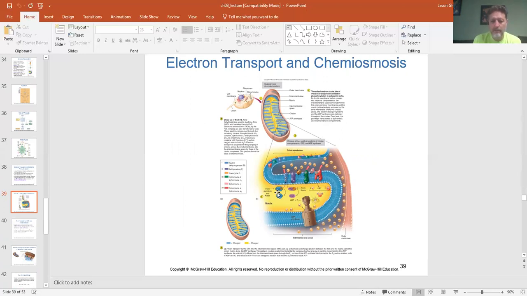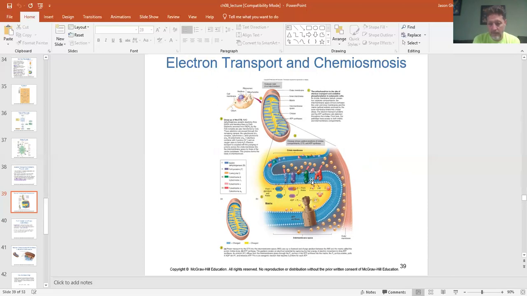At the membrane, the NADH will go through a series of reactions, breaking off the hydrogen ions, and they produce what's called a hydrogen ion proton motive force. And these ions will pass through this enzyme called ATP synthase and produce ATP.